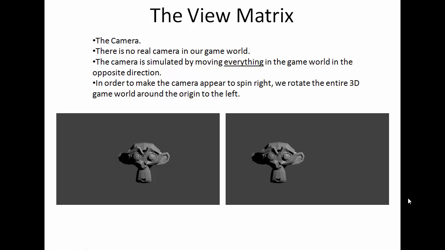So the job of the view matrix is to move the entire game world by a uniform amount to make it appear as if the camera moved through the scene. But it's important to understand that everything is backwards, and that's why it is an inverse matrix.